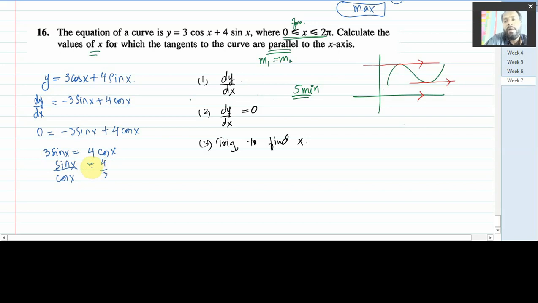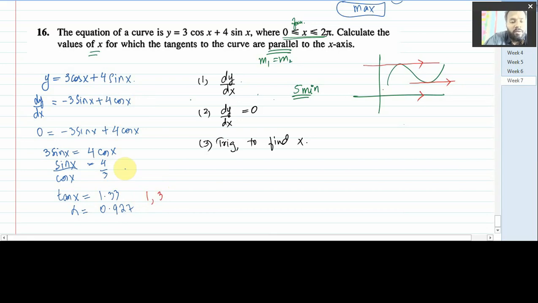Sine over cos means we have the function tan here, so tan x equals 4 over 3. The decimal value of 4 over 3 is 1.33. Now we need to find alpha, which is the inverse of tan. So tan inverse gives 0.927. Since tan is positive, theta is either in the first quadrant or the third quadrant.